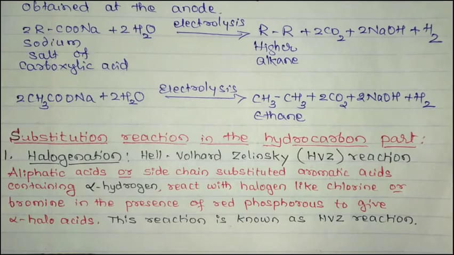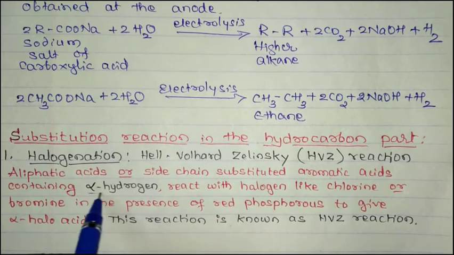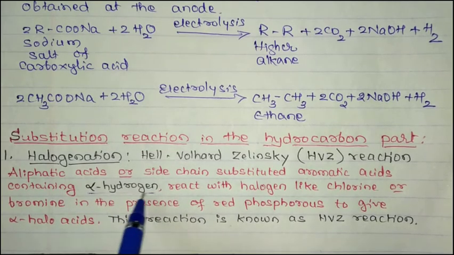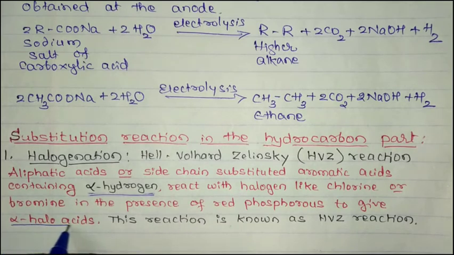Now we'll discuss the substitution reaction in the hydrocarbon part. It is halogenation, that is the HVZ reaction, Hell-Volhard-Zelinsky reaction. Here, aliphatic acids or side chain substituted aromatic acids which contain an alpha hydrogen atom react with a halogen like chlorine or bromine in the presence of red phosphorus and give alpha halo acids.